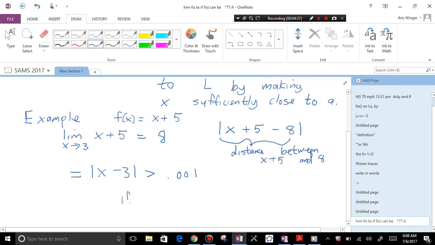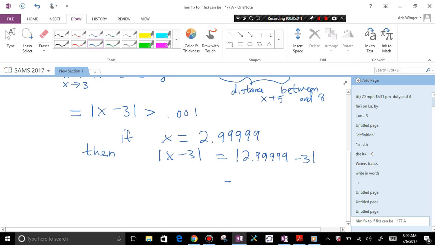Because if x is equal to 2.99999, then the absolute value of x minus 3 is equal to 2.99999 minus 3, which is equal to 0.000001, which is certainly less than 0.001.